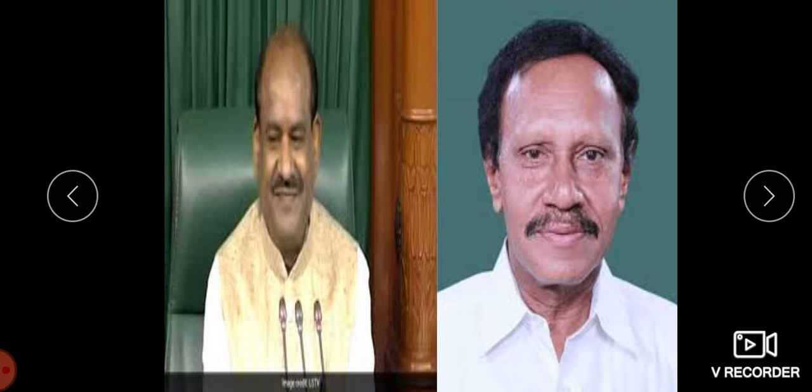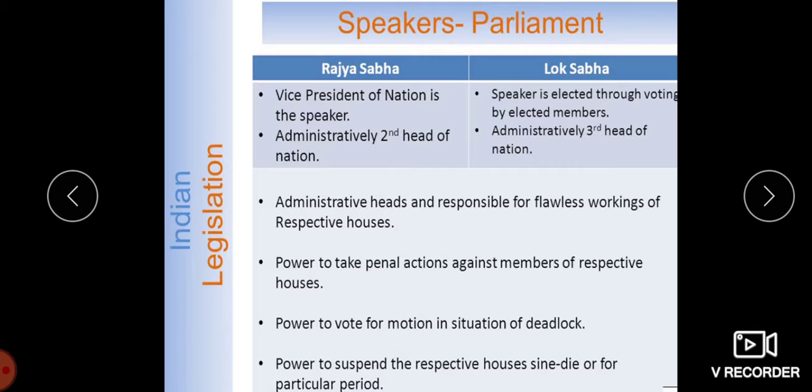In case of disagreement between the two houses, a joint sitting of the two houses is convened where matters are decided by the majority vote. Now we will move on to the legislative powers.